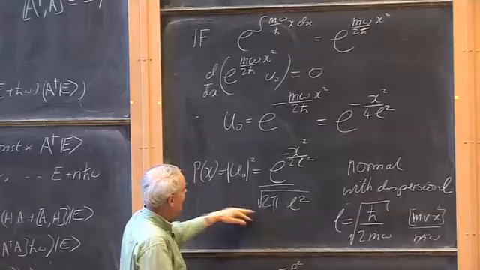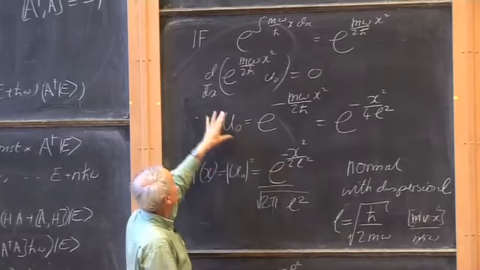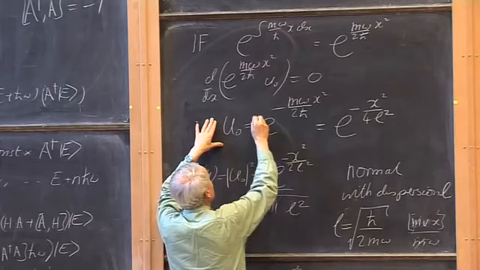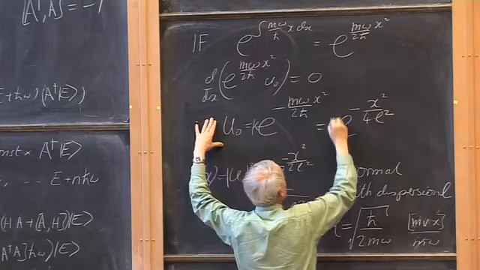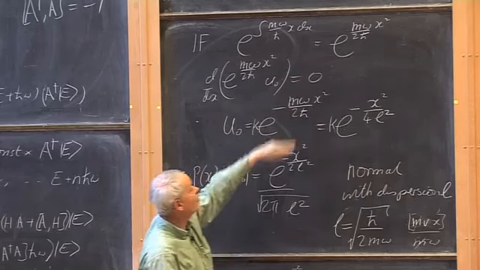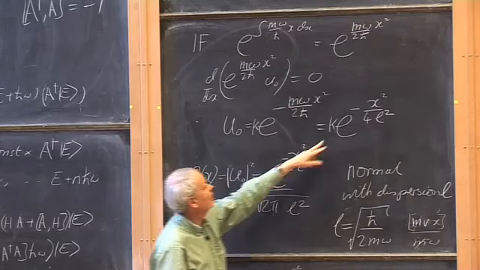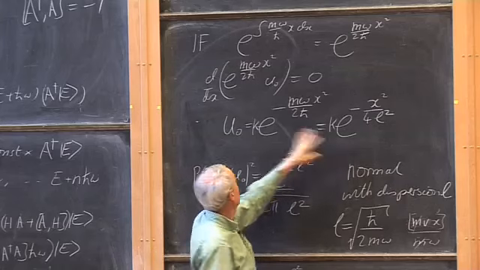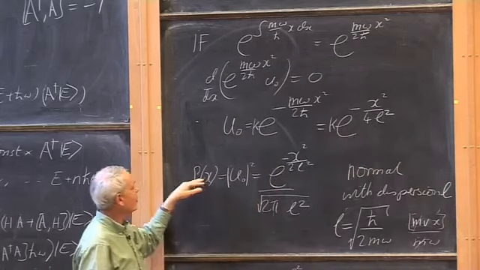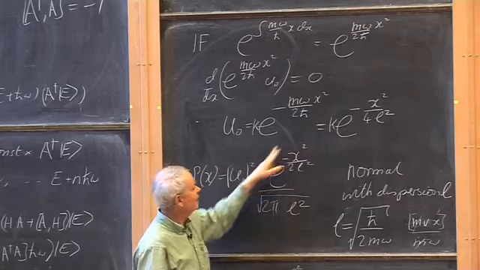I needed the probability of x to have this. So we obtained u as a constant k times this. There was an arbitrary constant of integration, which is in fact going to be the normalizing constant. So I know now that the wave function behaves like this, which gives me a probability that looks like this.